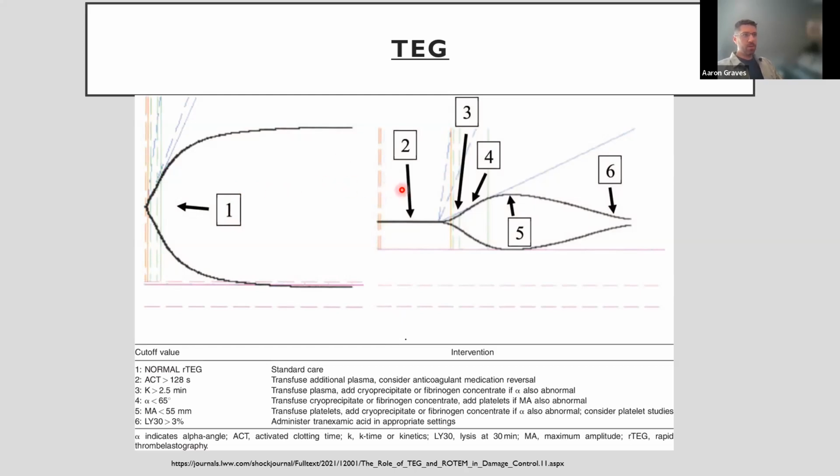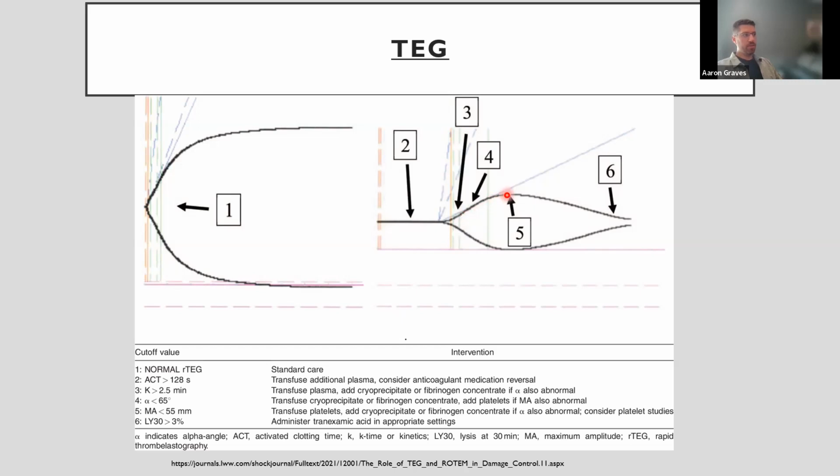On the right side, we can see dysfunctional clotting occurring. Compared to the left, we have a longer R time, meaning a prolonged start to coagulation. We can see the K value is prolonged, meaning there's resistance to form that initial clot once it does get going.